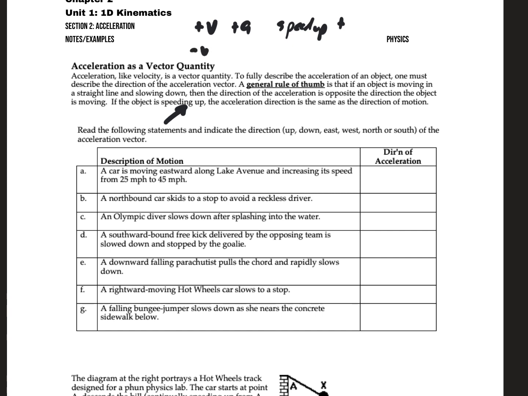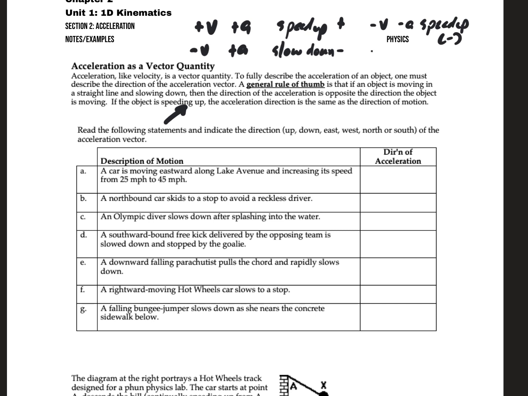If velocity is negative and acceleration is positive, that means I'm slowing down in the negative direction. That's kind of a weird way to say that. Negative velocity, negative acceleration, I'm speeding up in the negative direction.